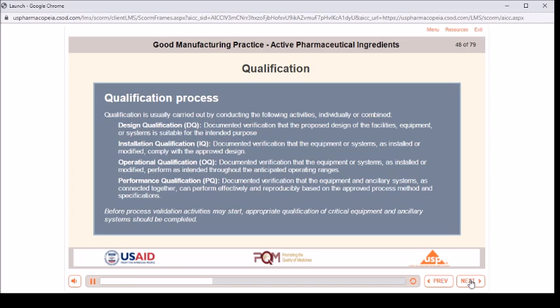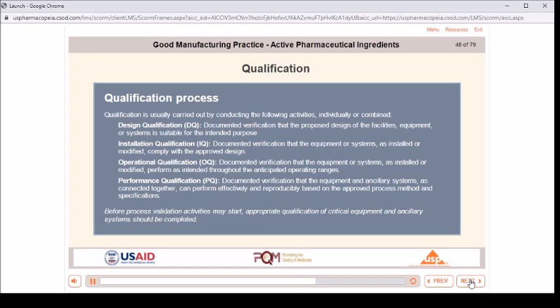Documented verification that the equipment or systems, as installed or modified, comply with the approved design. Operational qualification, OQ. Documented verification that the equipment or systems, as installed or modified, perform as intended throughout the anticipated operating ranges. Performance qualification, PQ.